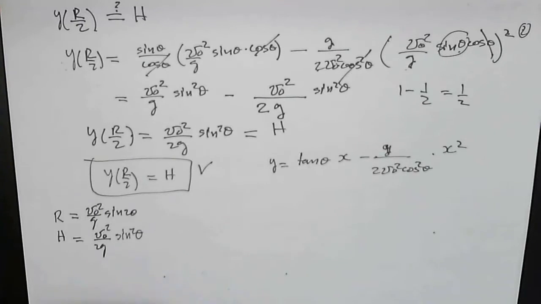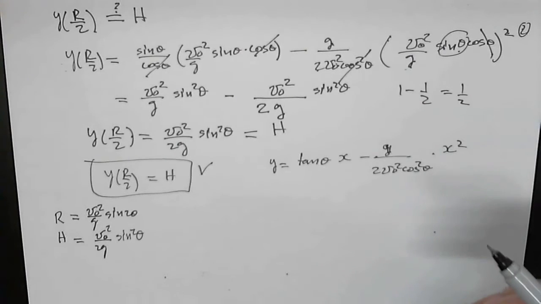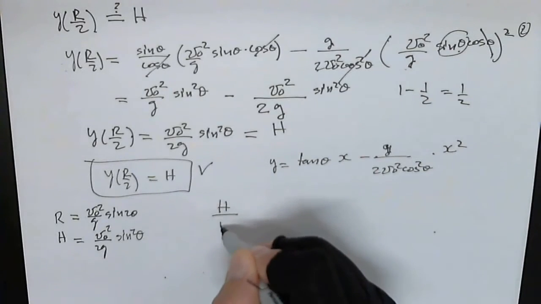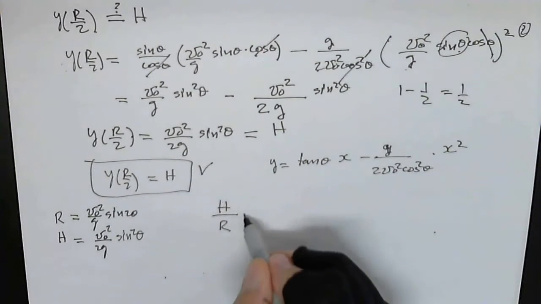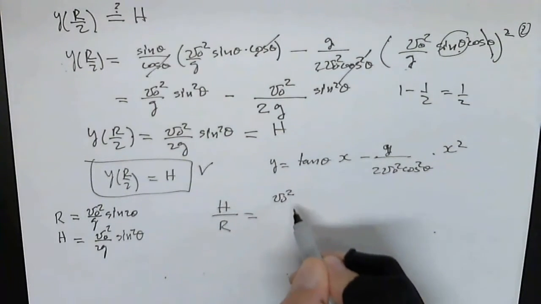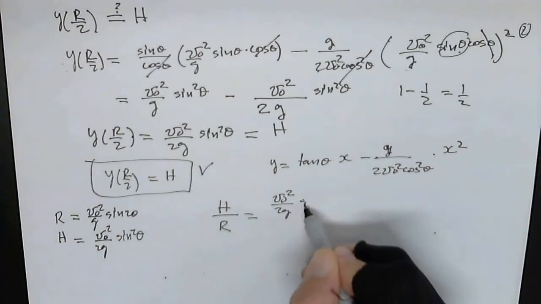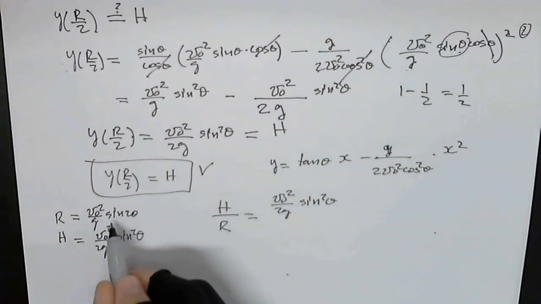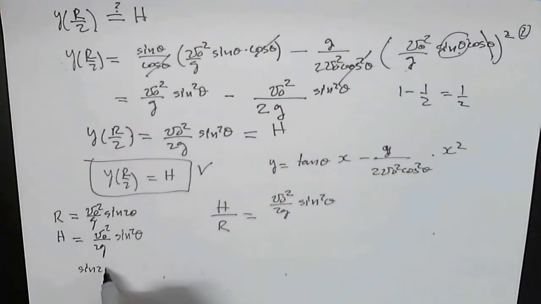So the first thing to realize is that h over r, you divide these two, and again, anytime you see sine of 2 theta, you are going to put 2 sine cosine.